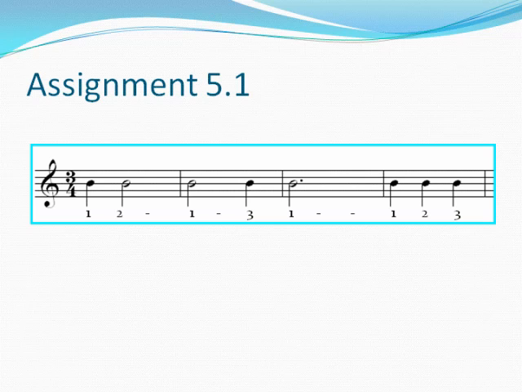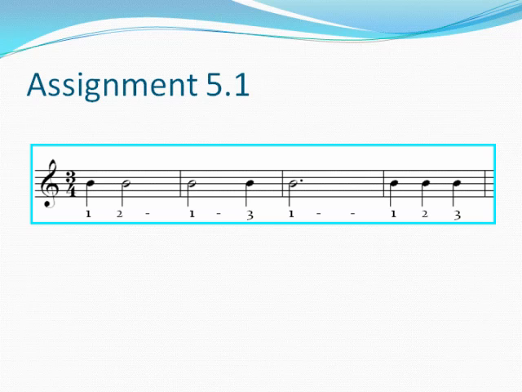So in this assignment, really all you're doing is trying to count the rhythms. And assignment 5.1 asks you mainly half notes and quarter notes and dotted half notes. And this is an example of what you might be asked to count in assignment 5.1. And I'm just going to go over this with you at this point.